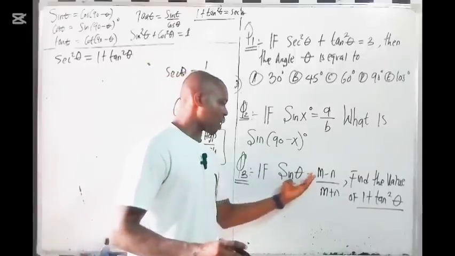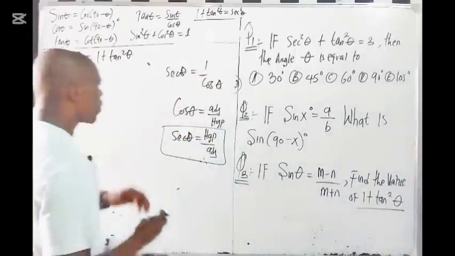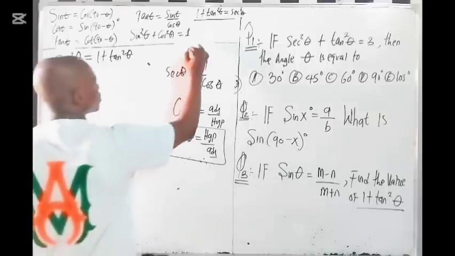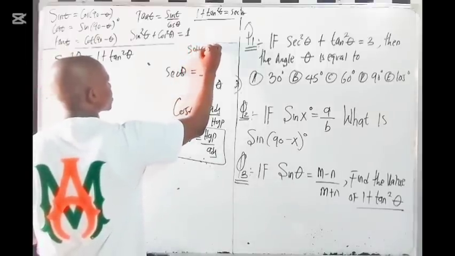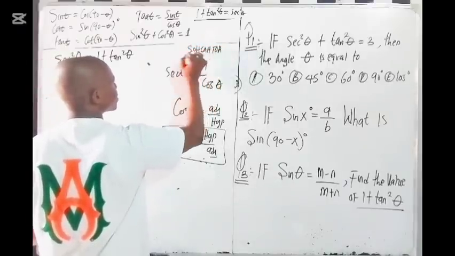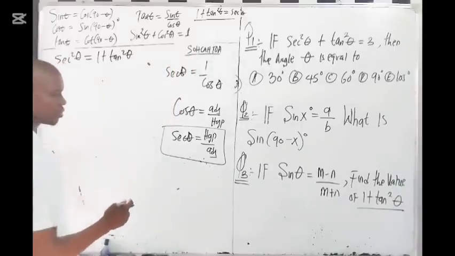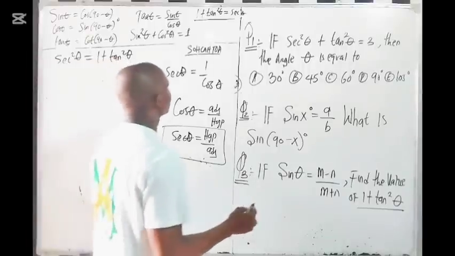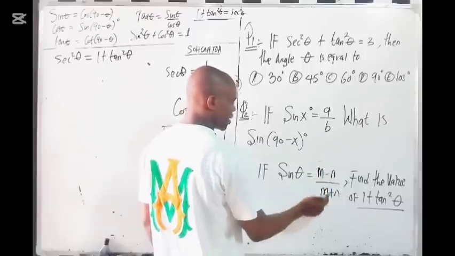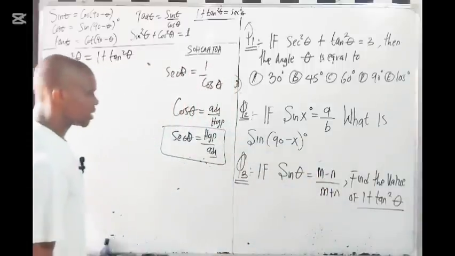They say sine theta equals m minus n over m plus n. Remember, sine theta in SOHCAHTOA is opposite over hypotenuse.